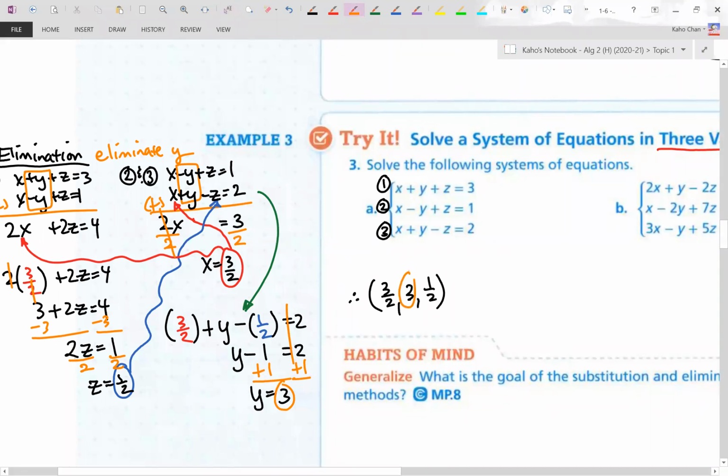So this is the problem right there. That should be a 1. Let me check the equation that I'm using. I have x plus y minus z equals 2. Oh, I see my mistake. 3 halves minus 1/2 is positive 1, not negative 1.